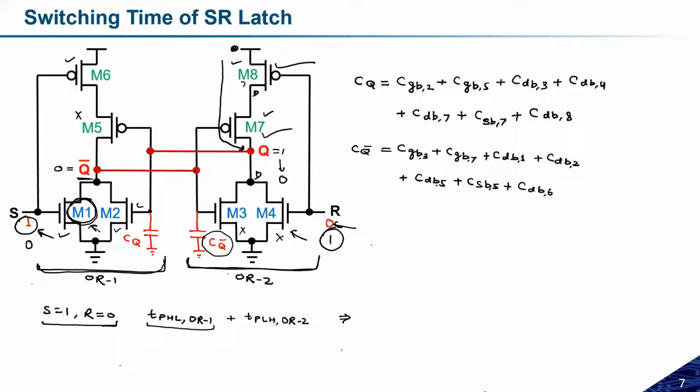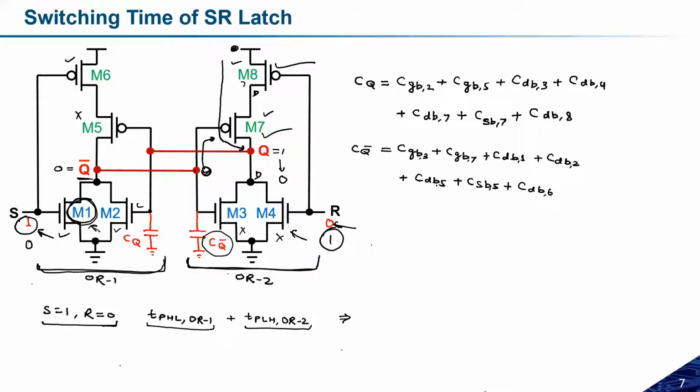Similarly, because we are discharging this capacitor CQ bar, at the same time we are charging this capacitor CQ, so there will be a charging component. Because this Q bar is discharging, this will become 0. And if this becomes 0, this will try to activate transistor M7.